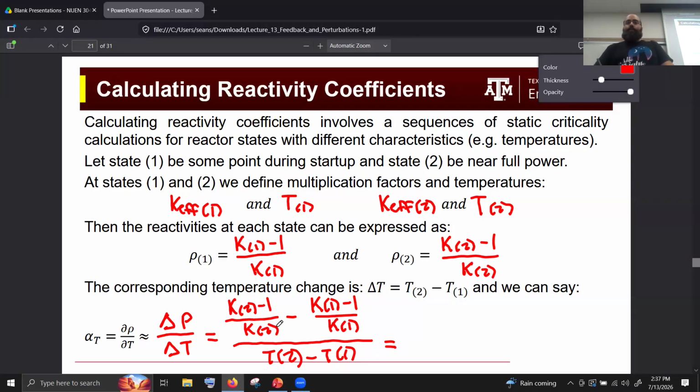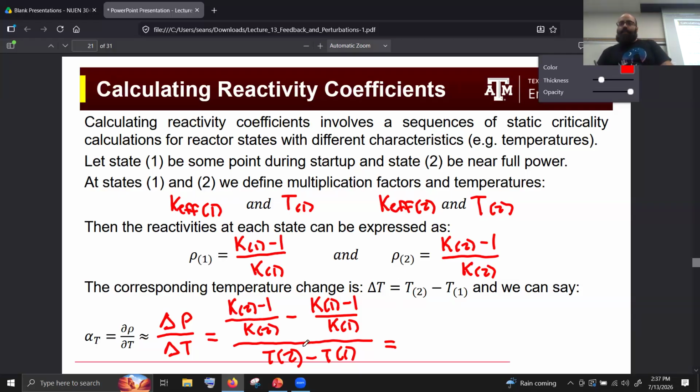And then from there, you can simplify the numerator by getting a common denominator between these two terms. And once you have a common denominator, you can add the numerators, and things are going to simplify.